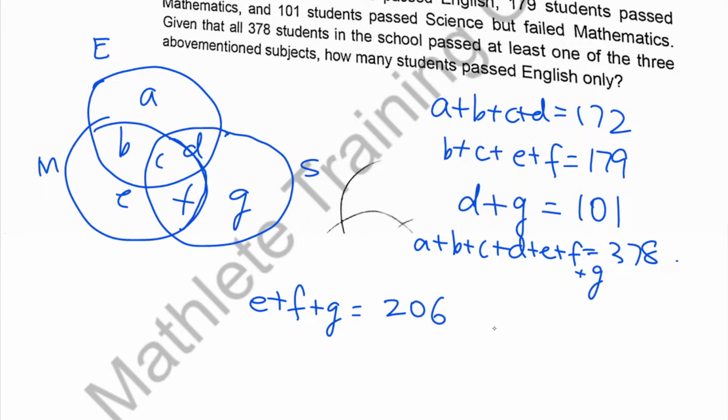Then the fourth equation minus the second equation will give you A plus D plus G, which is equal to 378 minus 179, which is equal to 199. So if you compare with the third equation, that means that A has to be 98. Okay, so that's your answer. Only 98 students passed English only.